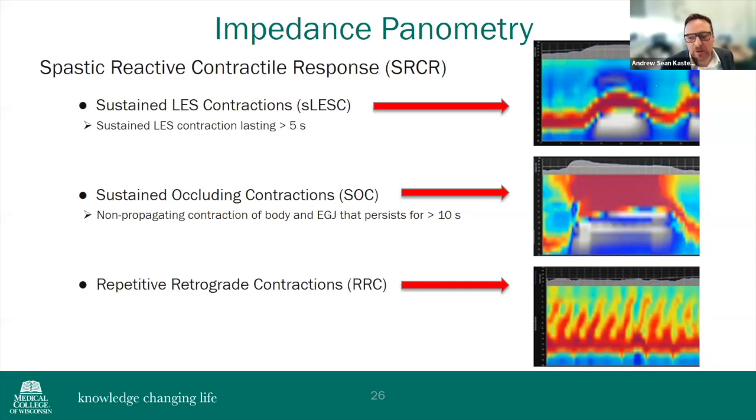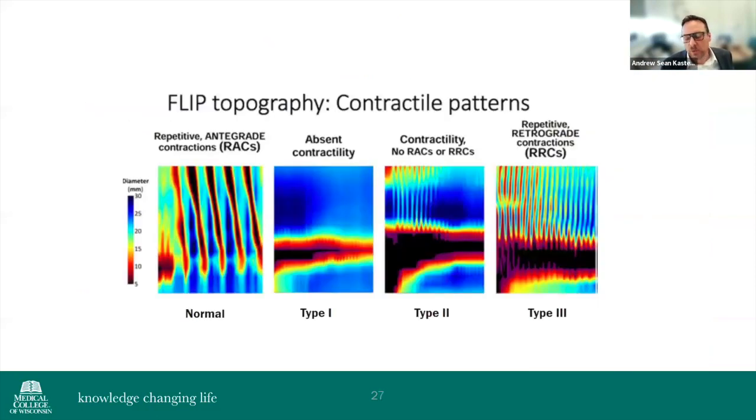Now, depending on the pattern that you see, you can make some assessments about what type of disorder they have. Normal is if people meet that rule of 6 and they have antegrade contractions, they've got pretty normal motility.